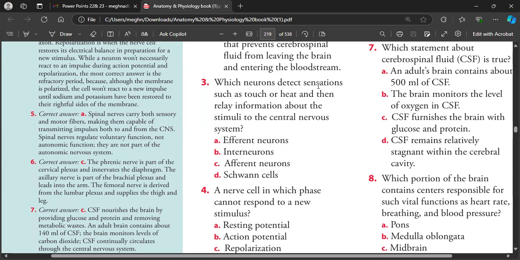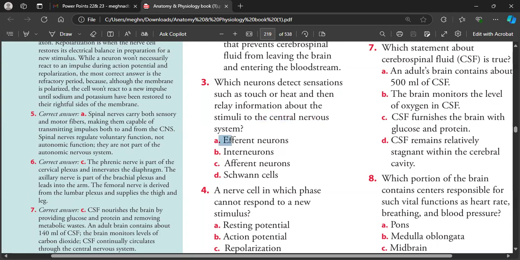So again, neurons detect sensations such as touch or heat and then relay the information about the stimuli to the central nervous system. Something gets in. I said there are two types of neuron. One is afferent, the other is efferent. So one gets in, another gets out, right?